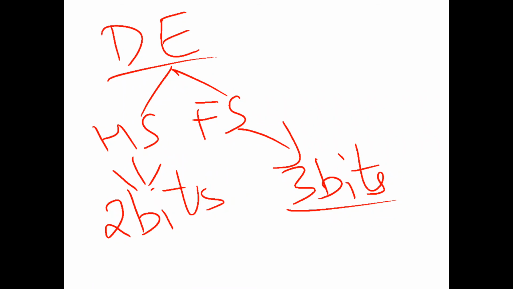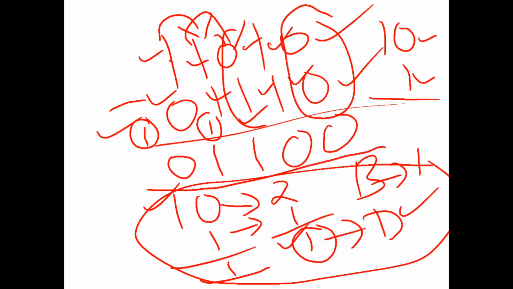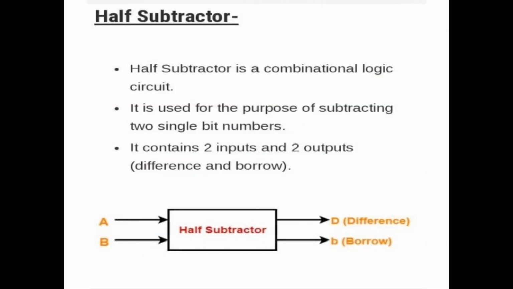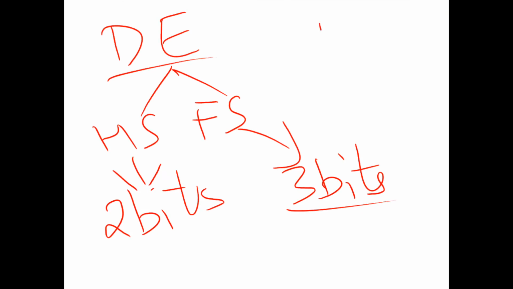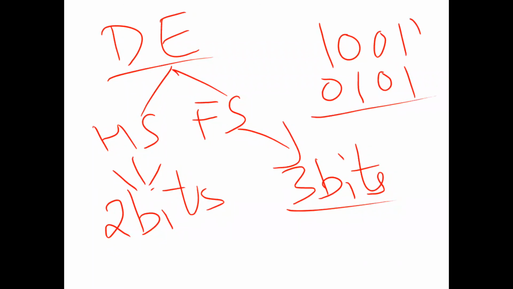So in this example you can see here, at the LSB, in this example which we have discussed here, for these two positions we have 2 bits, so half subtractor will be used.